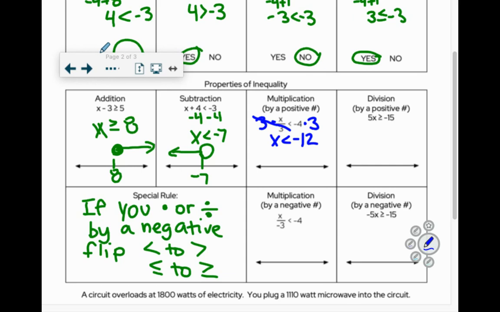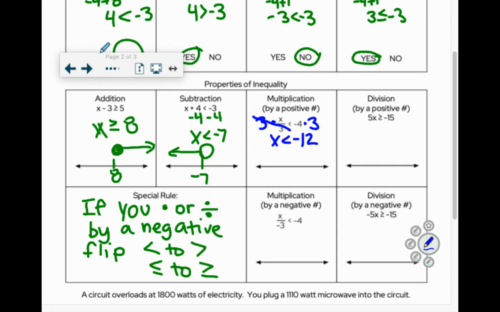I changed the problem just a little bit down below. Now I do have to multiply by negative 3. And that means that I flip it. So instead of less than, now it's greater than.